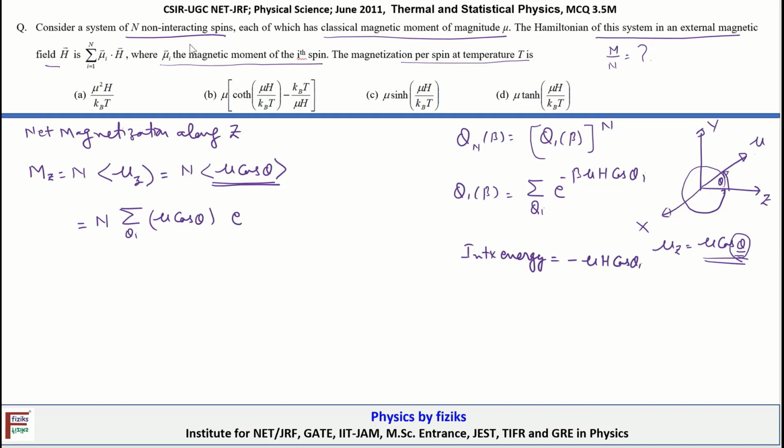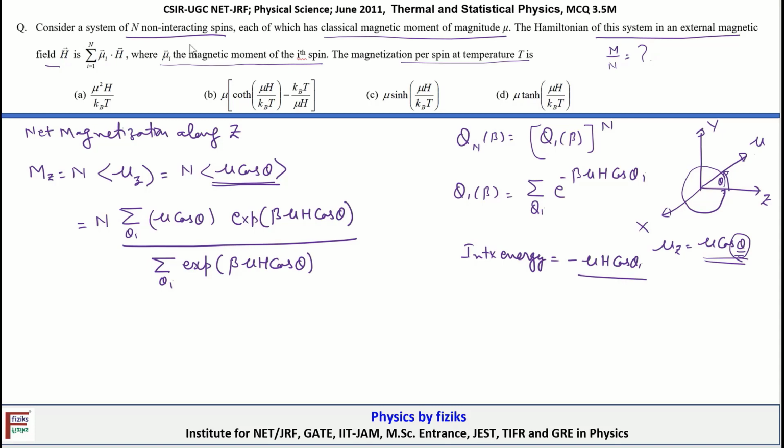So the probability factor is exponential of minus beta times minus mu h cos theta, which gives exponential of beta mu h cos theta, divided by the summation over theta_i of exponential of beta mu h cos theta.